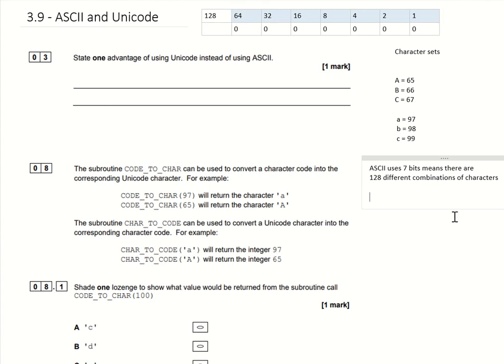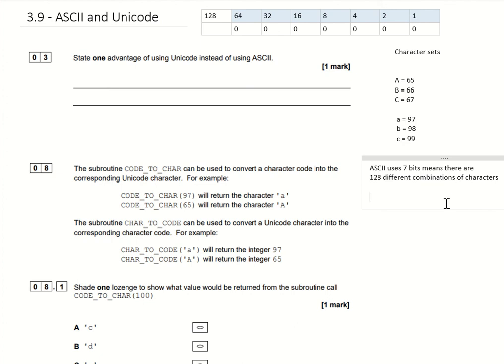The other option though is Unicode. Now, obviously, 128 characters works well for the UK, but it doesn't work well for other countries like the Chinese language or the Japanese language, which have a wider range of characters for their languages. So Unicode is used instead, and Unicode is actually based on hexadecimal.